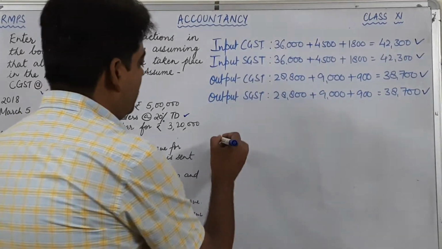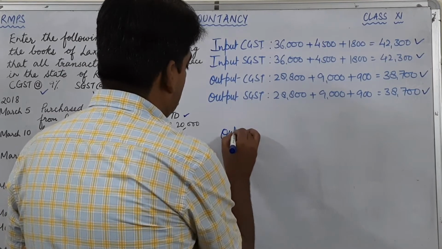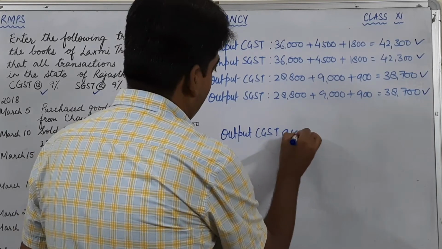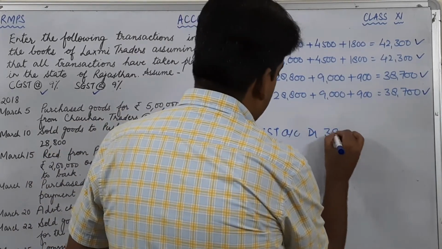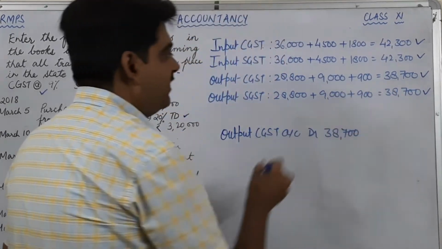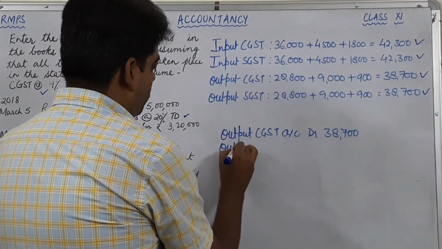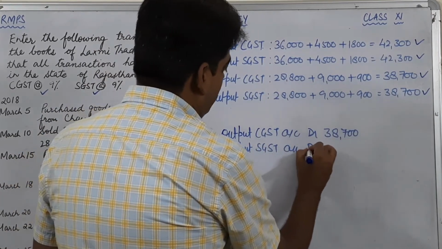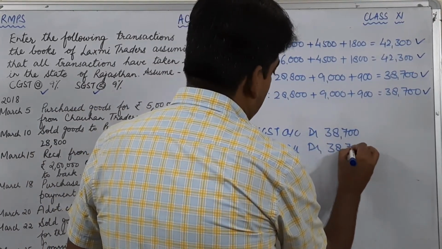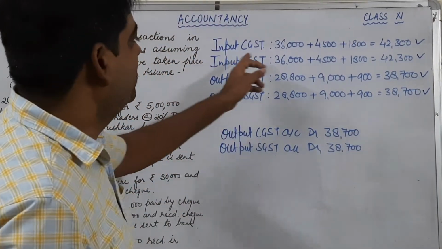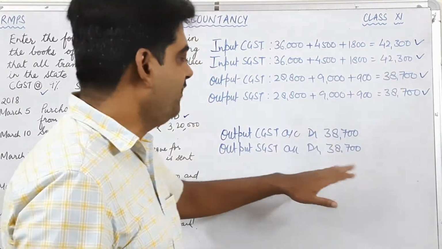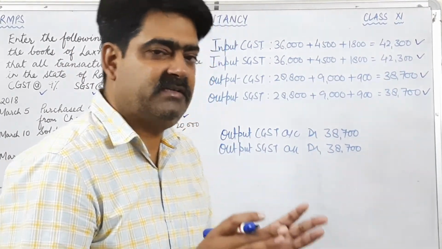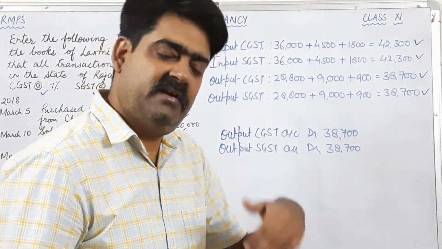So a very simple journal entry will come, that is output CGST account debit, that is 38,700 because we have collected only 38,700. Output SGST account will be debit 38,700, and input CGST was 42,300, but we have collected only 38,700. So up to 38,700 will be adjusted first, and balance will be adjusted in next month.